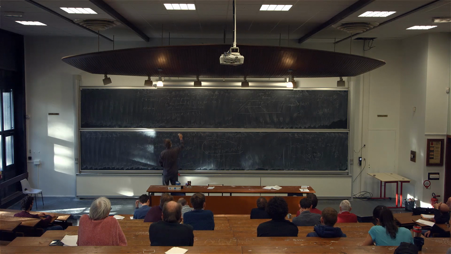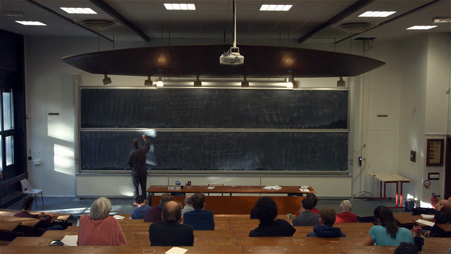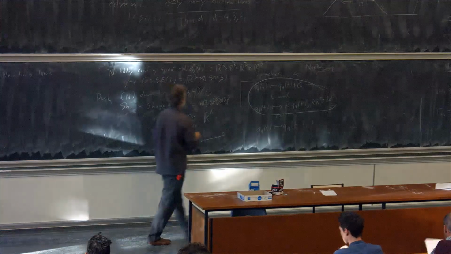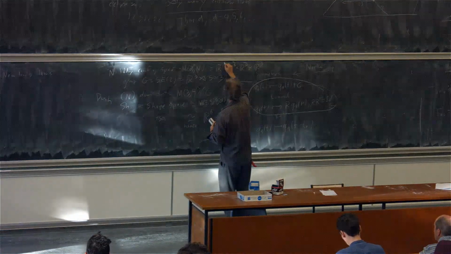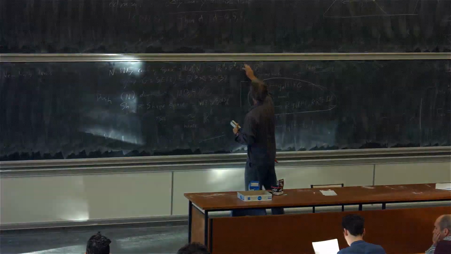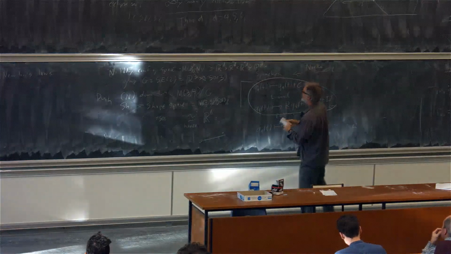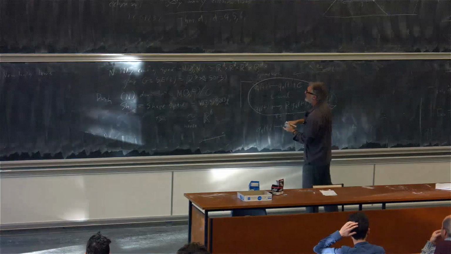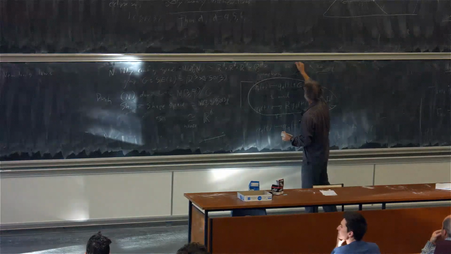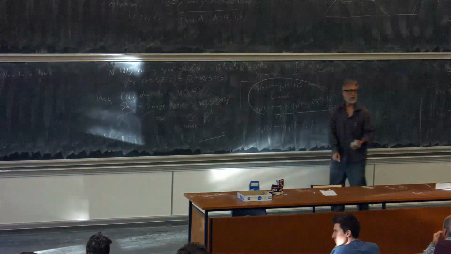So let's take n-body configuration space. So we have a whole bunch of copies of RD. So these are n bodies in RD. Okay?